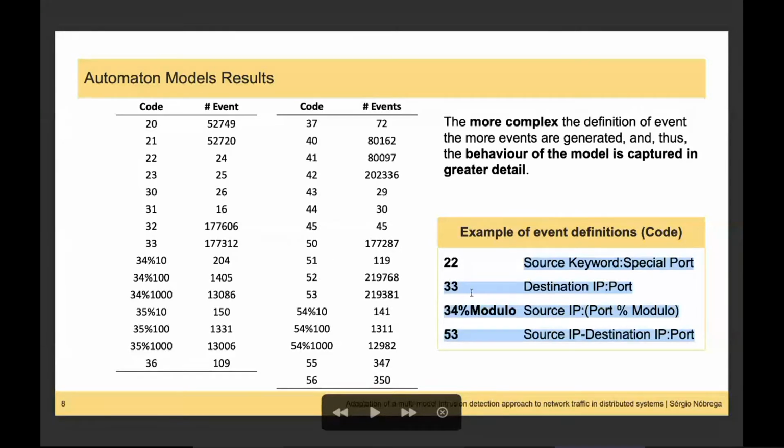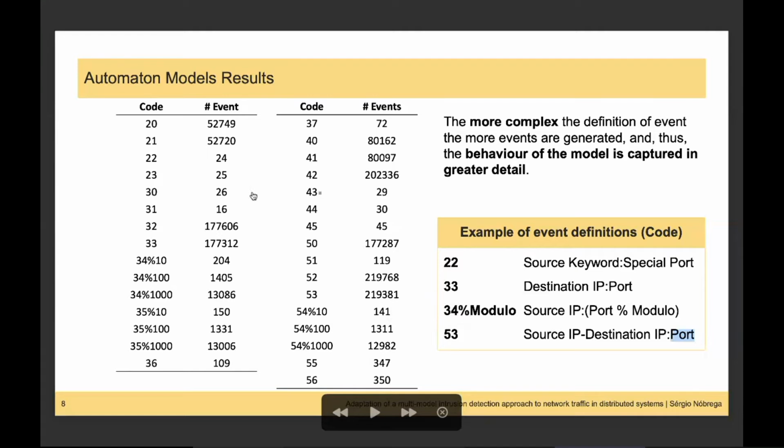So you can see in this case the code 53, which is one of the highest ones in terms of number of events generated. The definition is the source IP, the destination IP, and then the port. And you can see that it generated over 200,000 events.